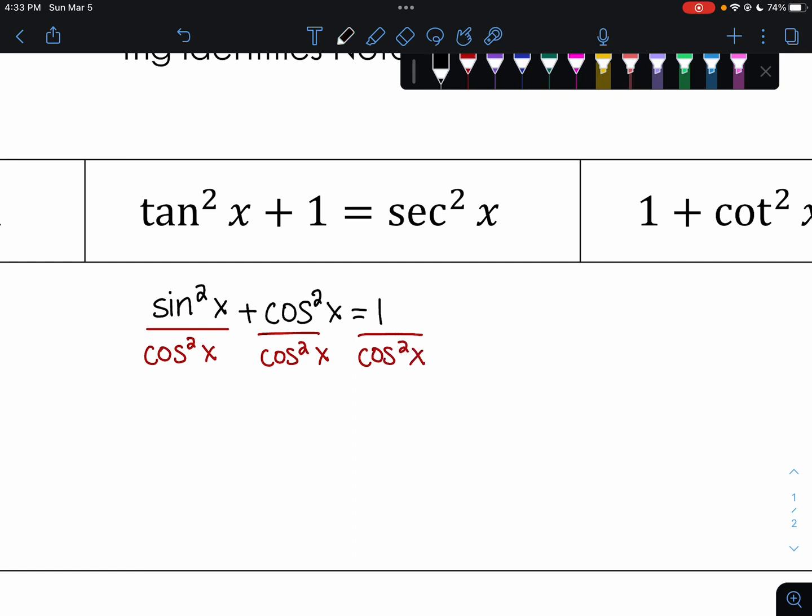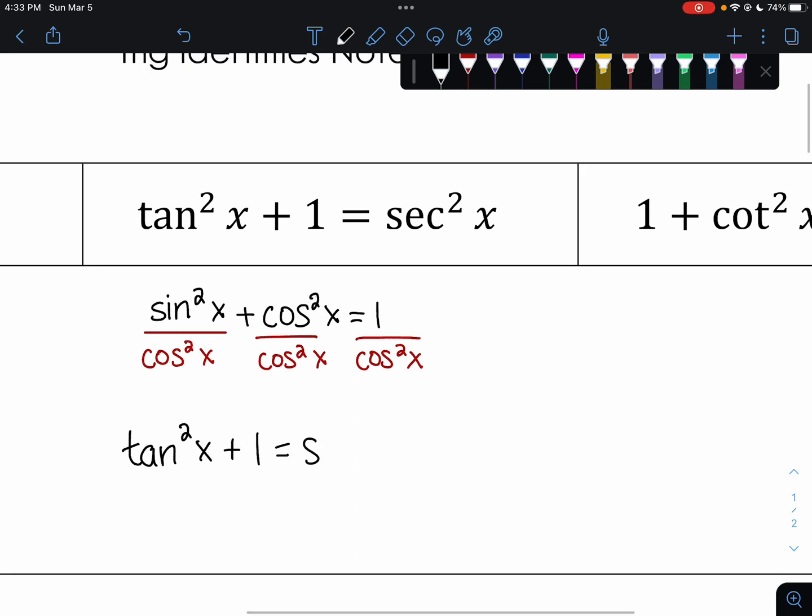So what we learned from our quotient identity is that sine over cosine is tangent. So if I have sine squared over cosine squared, that equals tangent squared. Cosine squared x divided by cosine squared x is just 1. And 1 over cosine squared is secant squared from our reciprocal identities. And now you see how we get tangent squared x plus 1 equals secant squared x.